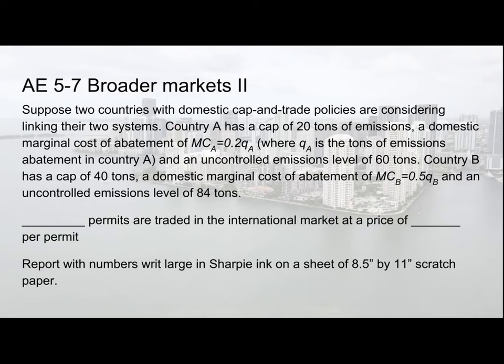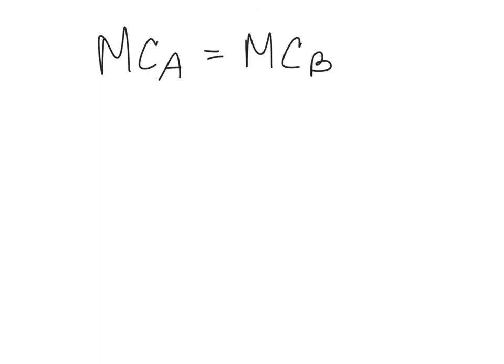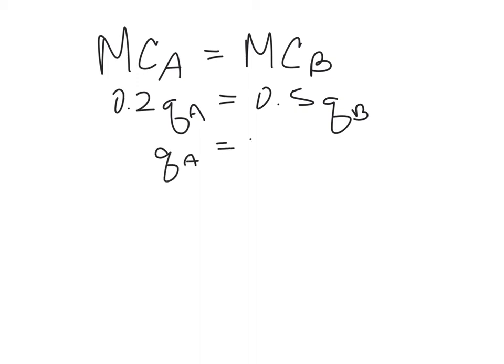Under an international trading system, the characteristics that we've studied within-nation trading systems hold internationally. So what does that look like? In that trading outcome, the marginal costs in country A would equal the marginal costs in country B. And thus 0.2 QA is equal to 0.5 times QB, and that means QA is equal to 2.5 times QB.